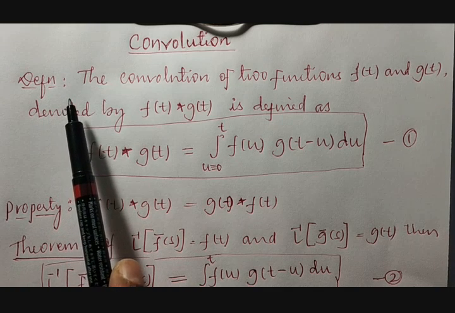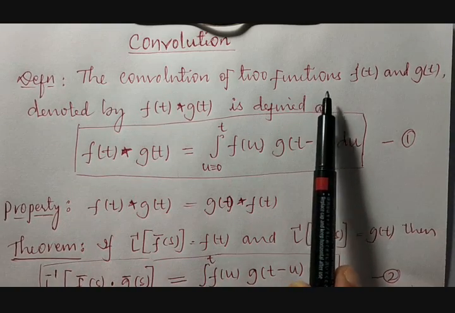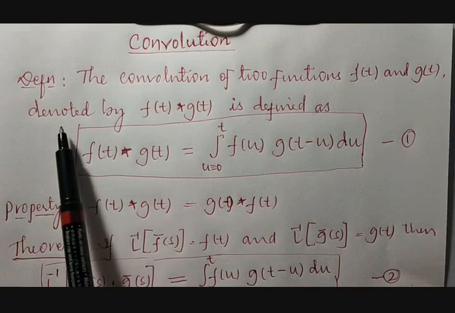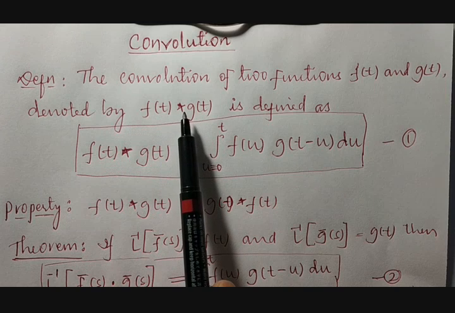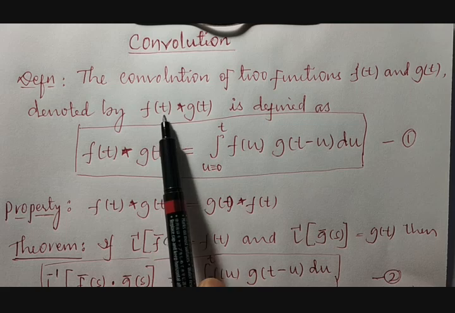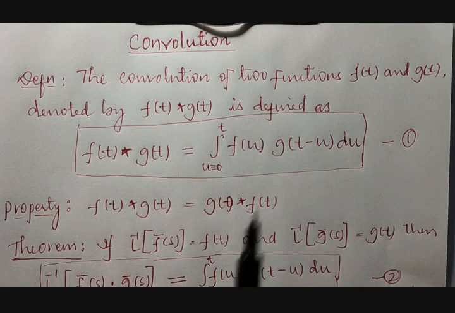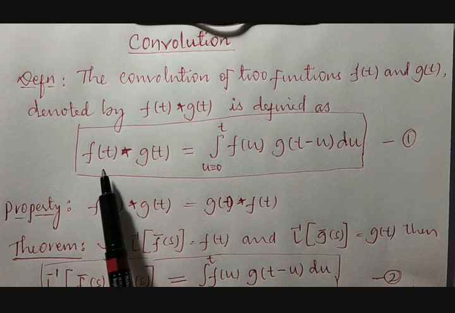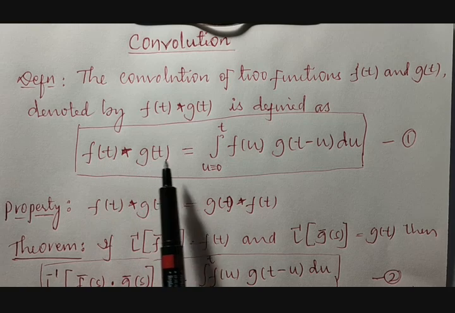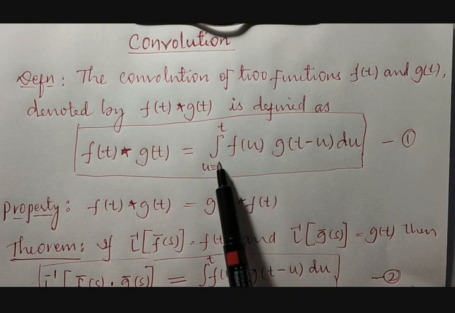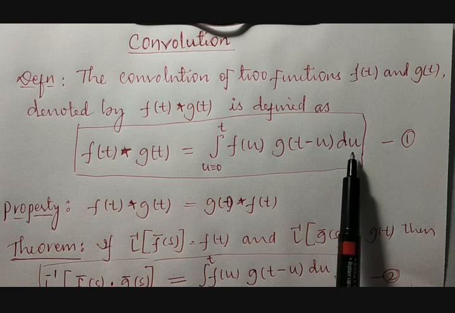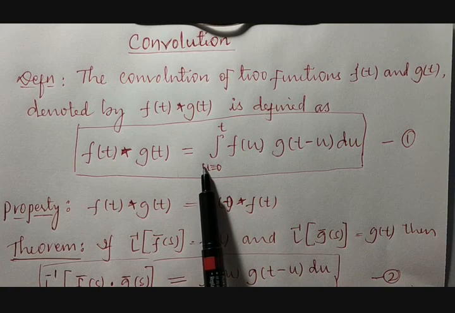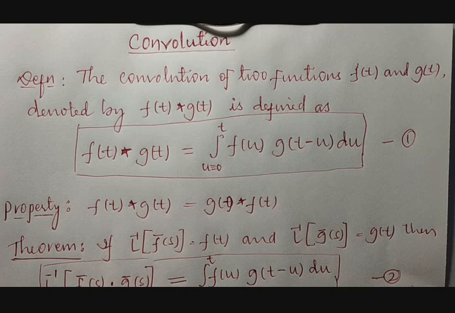The definition says the convolution of two functions f of t and g of t will be denoted by f of t star g of t. This star indicates a convolution between f of t and g of t, and it is defined as the integration of f of u into g of t minus u with respect to u, where u is 0 to infinity.